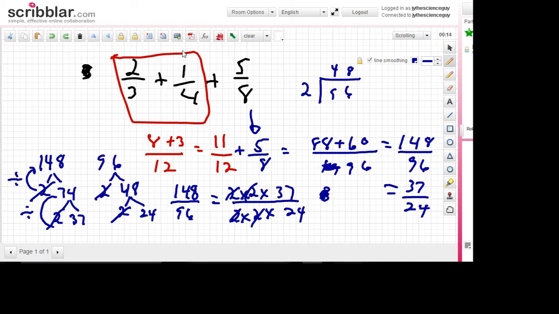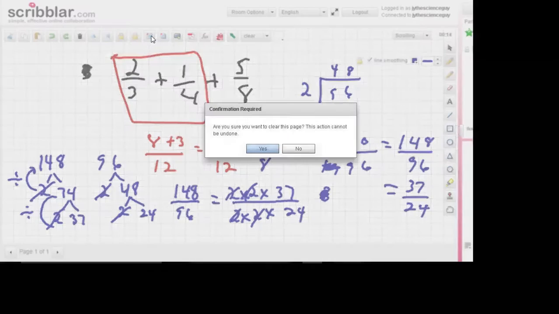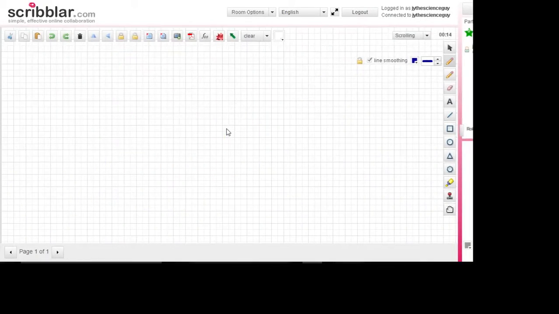Okay. Mixed number. So that one was 37 over 24. That's not on there. Which one are we doing? That one. They changed it to a mixed number, so you have 37 over 24, right? So how many times does 24 go into 37? 1.